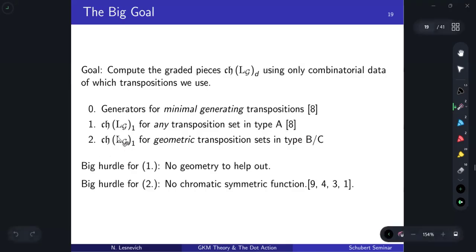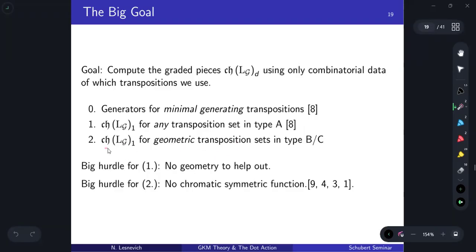We're going to be able to compute the first degree graded character for any transposition set in type A. So when we're working with the symmetric group, that first graded piece, we're going to be able to compute everything that we want for any set of transpositions, regardless of whether or not they correspond to some sort of geometry.